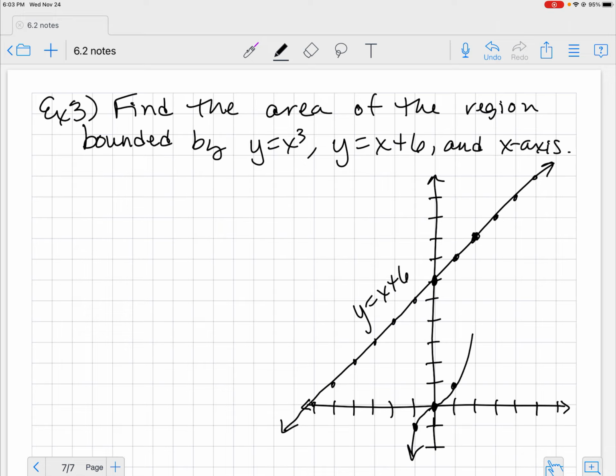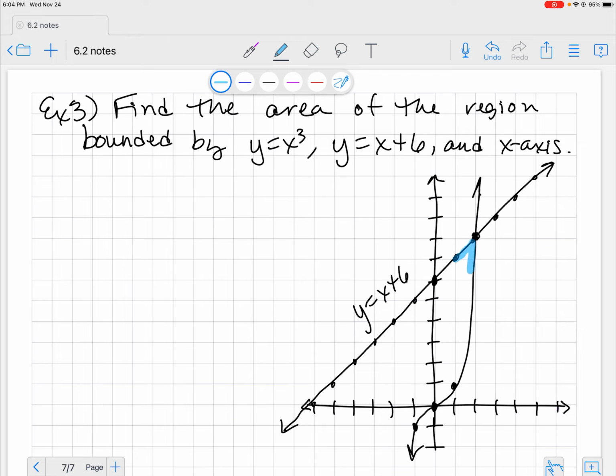And I know this is also bounded by the x-axis from there. So I should have said that up front. Because this says bounded by the x-axis, I knew I wasn't going to have to go down any farther because I was stuck here regardless of what was happening.